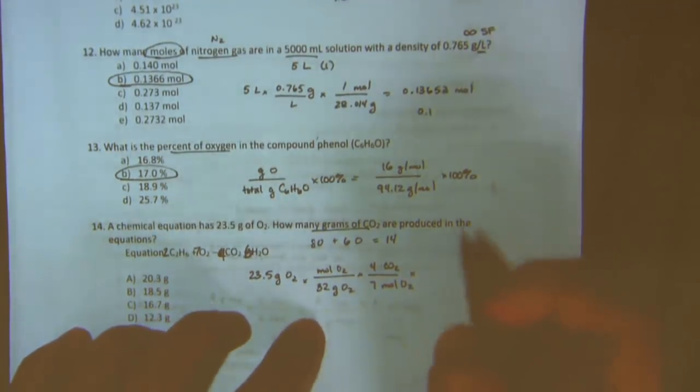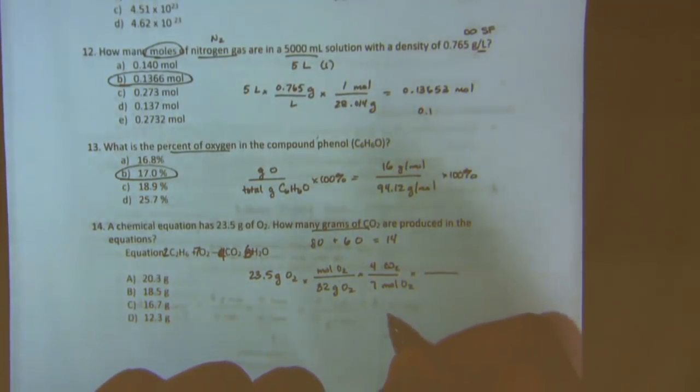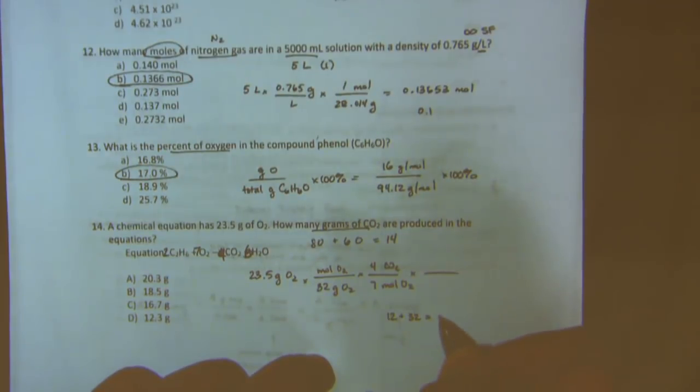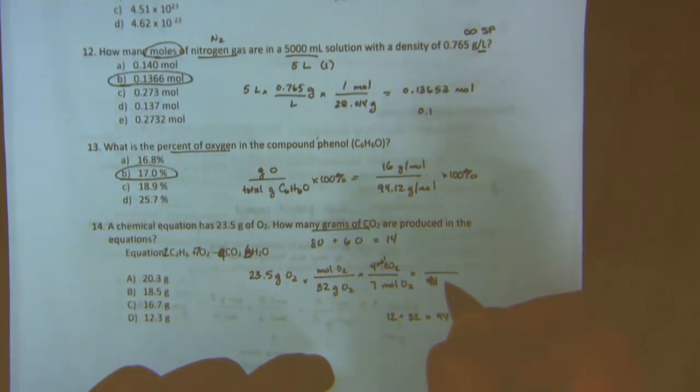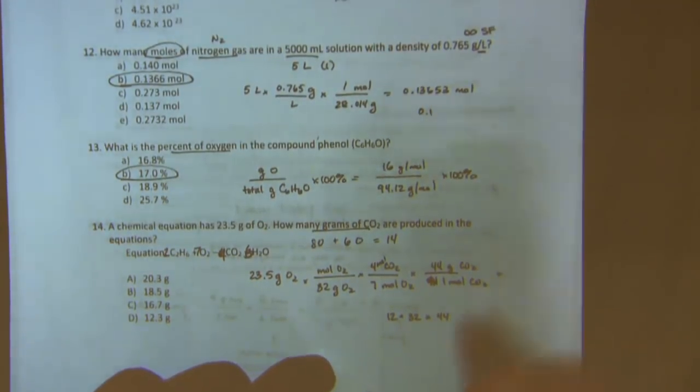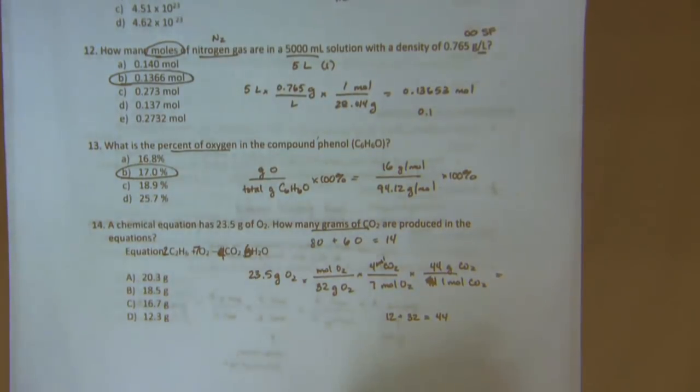And then from here, we would multiply by the molecular weight of carbon dioxide, which is 12 plus 32, which would be 44, per 44 grams of CO2. And that would give you your answer. Okay?